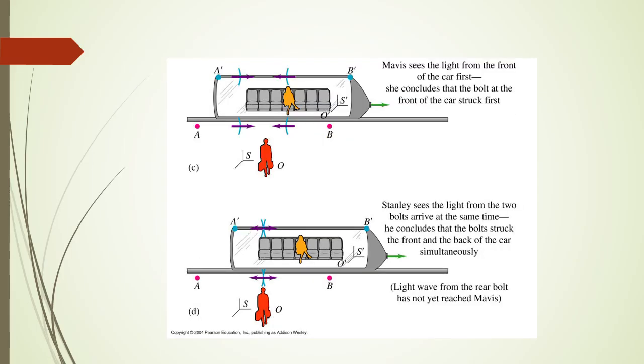So from Mavis' point of view, the two light waves hitting A prime and B prime both travel equal distances towards her because they are moving at the speed of light.